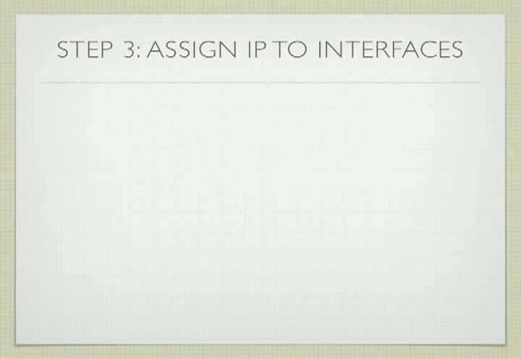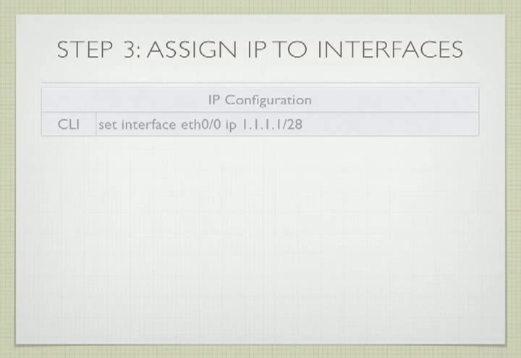Now that we have our interface in the zone, we can assign an IP address to it. So IP configuration, also with set interface Ethernet 0/0 IP 1.1.1.1/28. So that will put the IP address 1.1.1.1 onto Ethernet 0/0 in that subnet facing our ISP router.